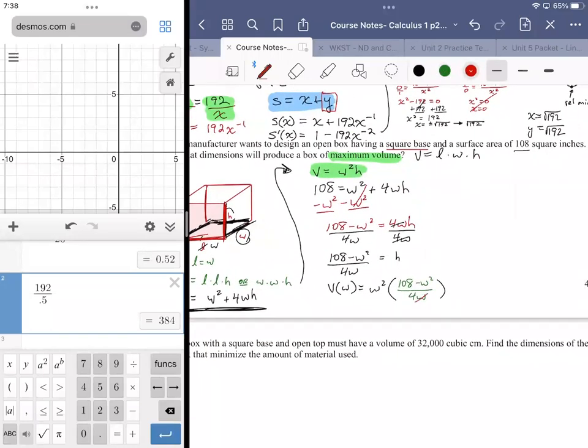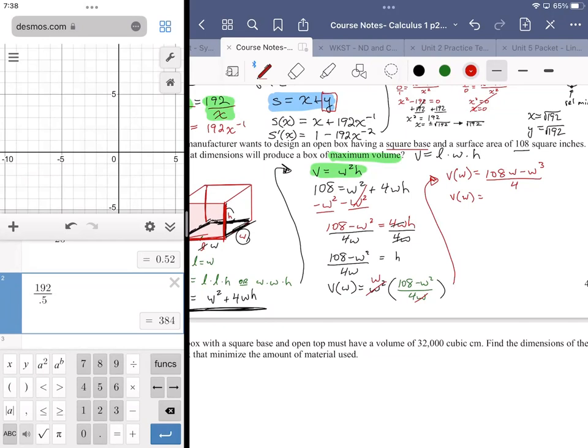All right. W goes into W squared, W times. Distribute that W. So we would have 108W minus W cubed over 4. Break up that fraction. 108 divided by 4, well, that's 108 divided by 2, divided by 2 again. 108 divided by 2 is 54.